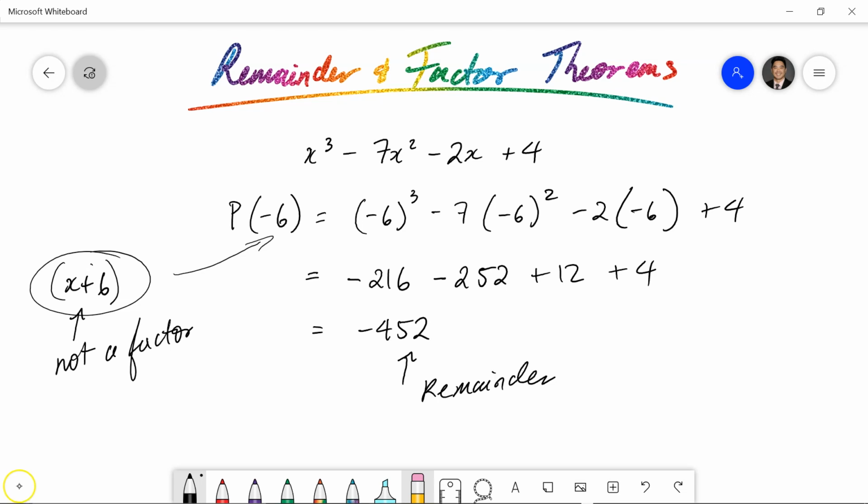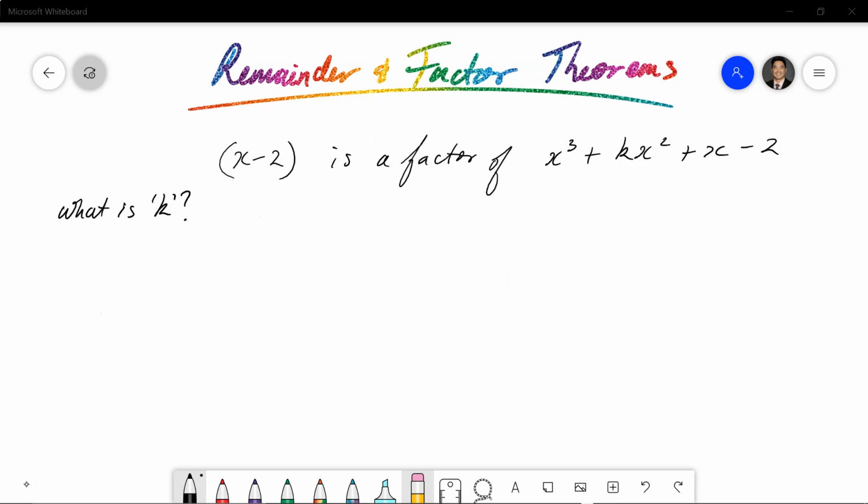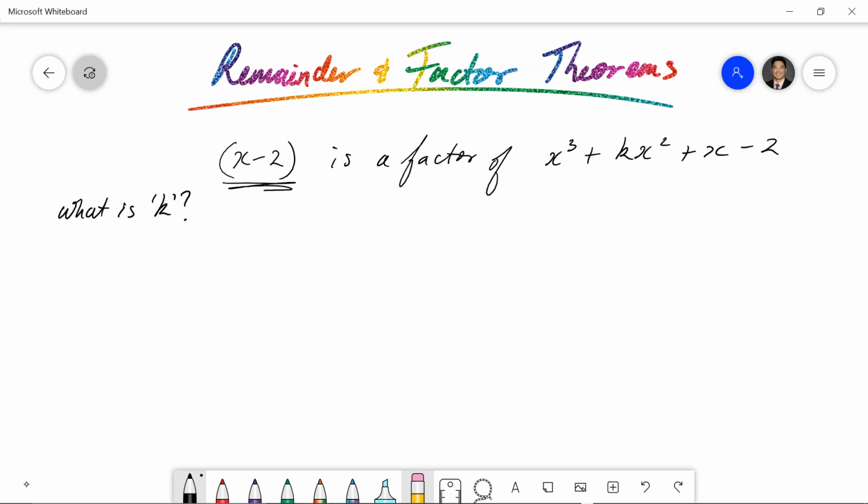I'm going to go through another example where we find some other elements. We have a polynomial, x cubed plus kx squared plus x minus 2. We've opened up with a statement that x minus 2 is a factor. So once you divide this by x minus 2, you end up getting no remainder, and you'll get your quotient in the end.